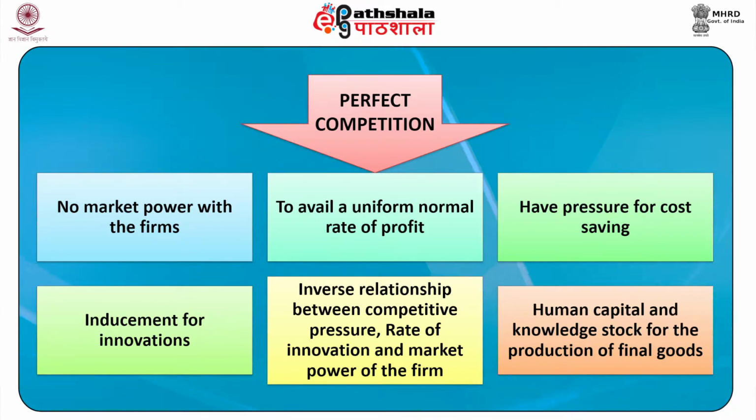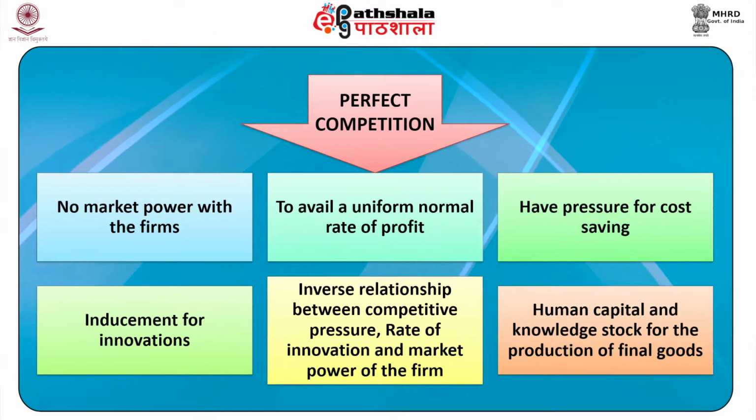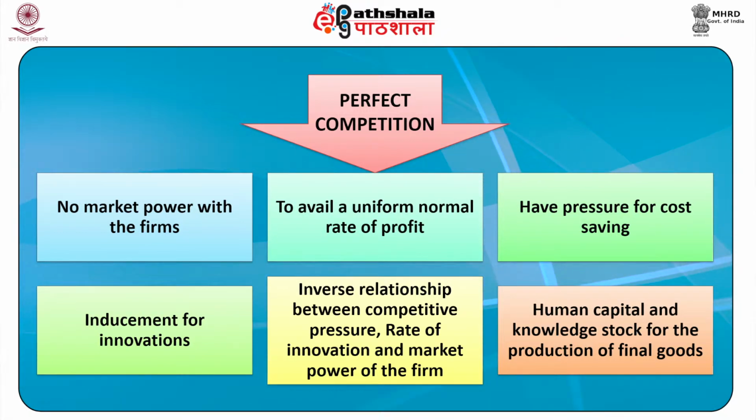Arrow, the leader of this thought, argued that the incentives to invent are stronger in a competitive market because the gain is maximum from cost-saving innovations in the competitive market. Lucas 1988 and Romer 1986 were the main economists who enlarged the arguments by Arrow.